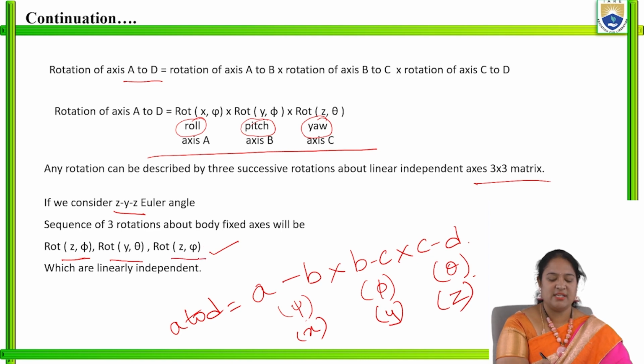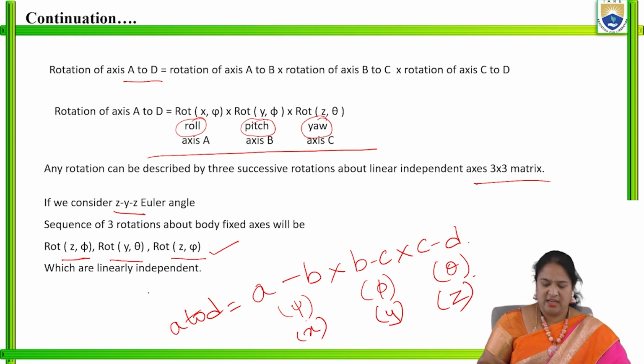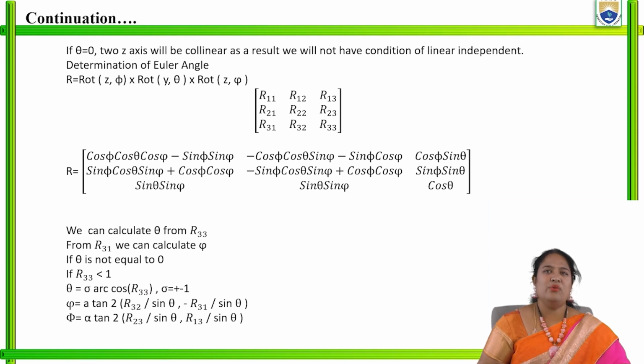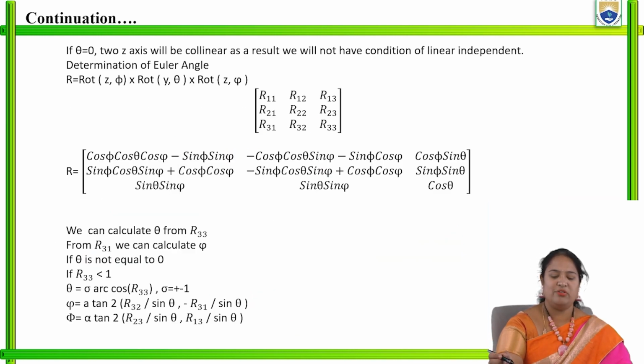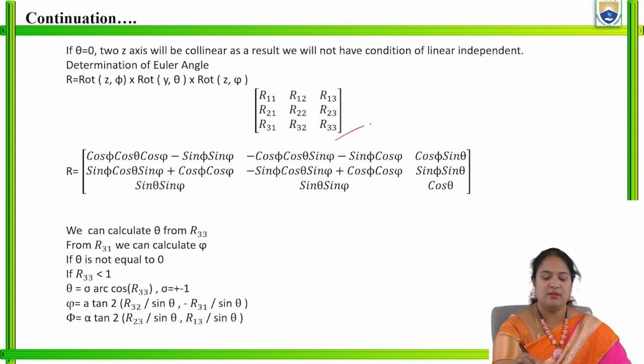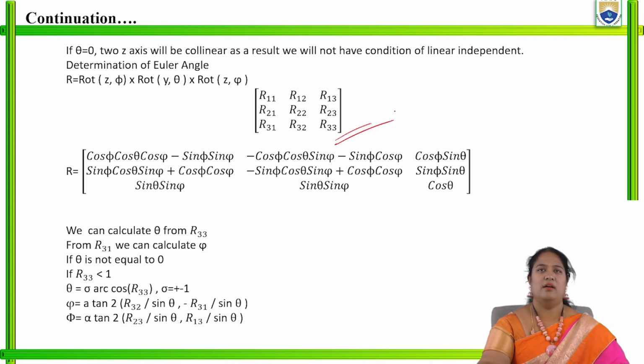Then again coming to the Z axis, that is Z comma psi. Right? So, ZYZ axes we will be taking, which are linearly independent. So, how will you write this in terms of matrix form? That particular equation, when we write it in terms of matrix form, as I've told you, it is a 3 by 3 matrix. So, it will be written in this particular rotation.